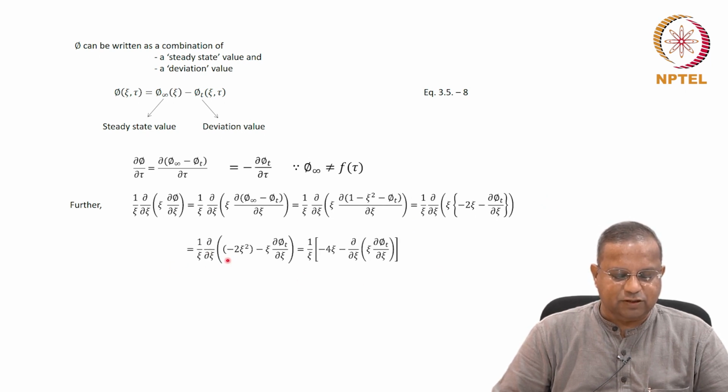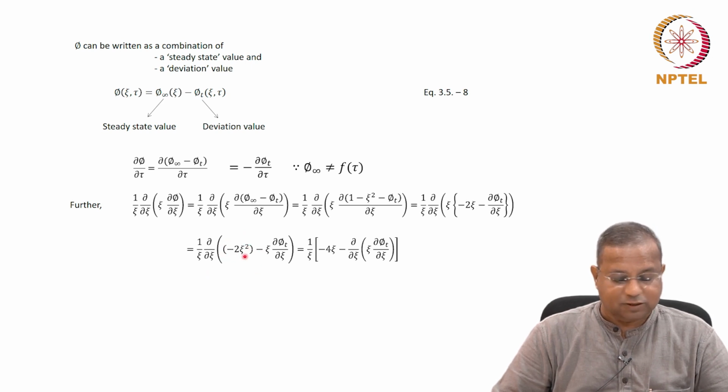So, that can further be written as 1 by xi dou by dou xi of minus 2 xi squared, I have taken xi inside, minus xi dou phi t dou xi. Okay. So, now if you differentiate this, we can get 1 by xi, dou xi is what we are trying to do to this, minus 2 xi squared, therefore minus 2 xi cube by 3, you manipulate that and so on and so forth.